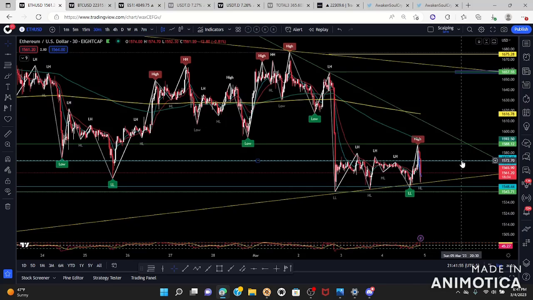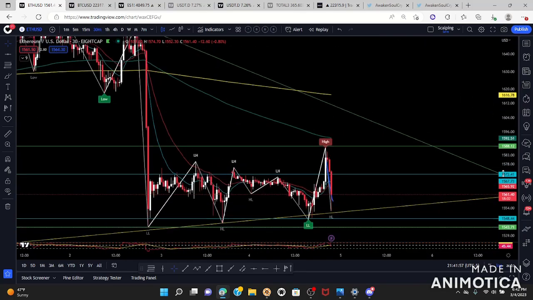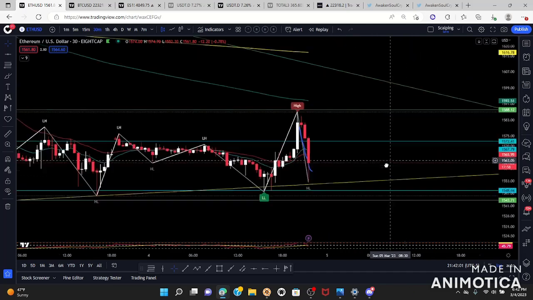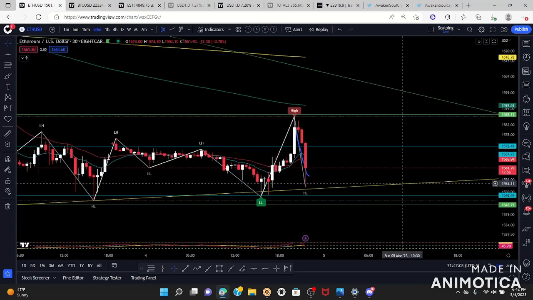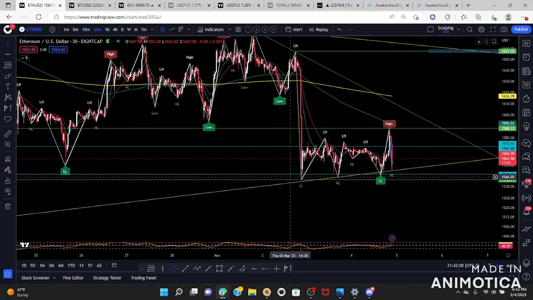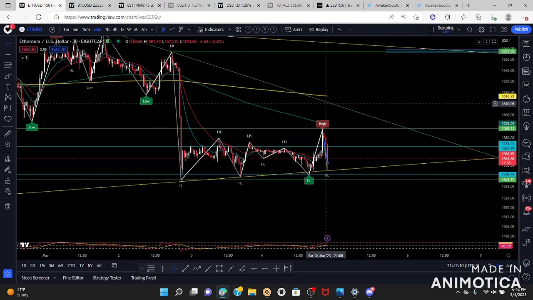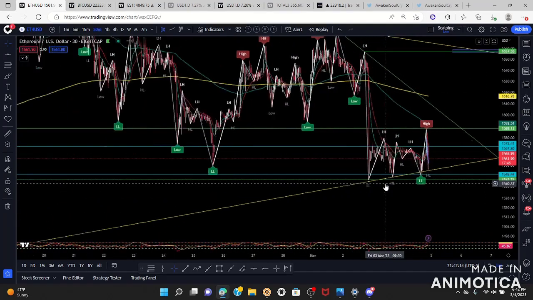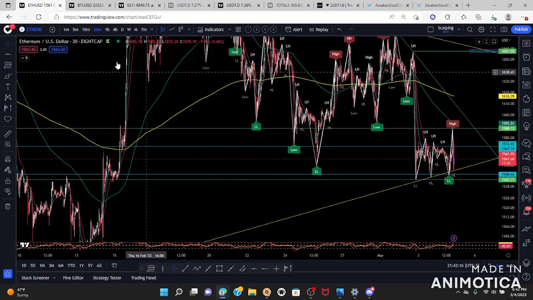It's good to actually look at the wicks, because the wicks could tell you a story, right? If you find dojis, set an alarm on your trend line. Set an alarm on your support and resistance, on your range, and wait for that breakout, retrace, and then continuation to the upside. And that's how I usually trade.